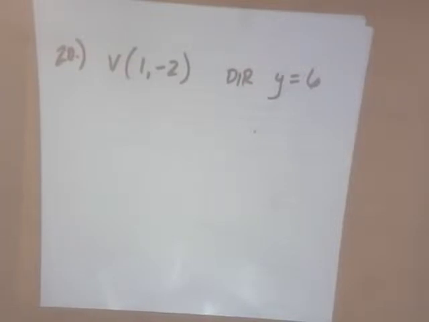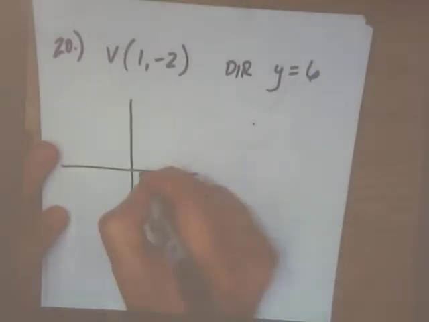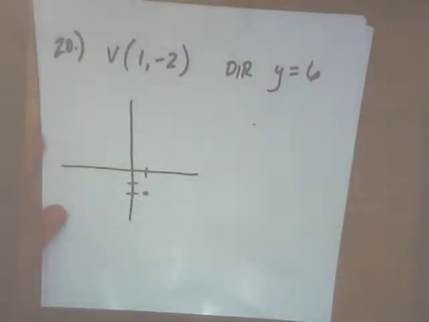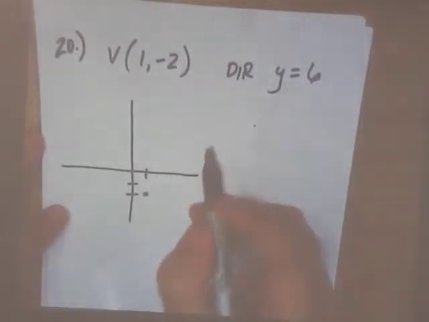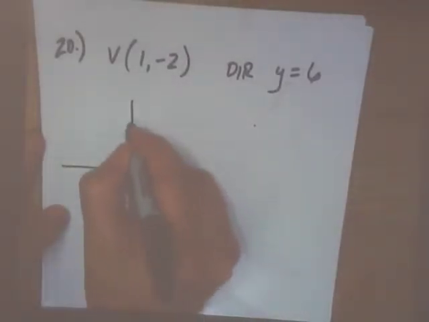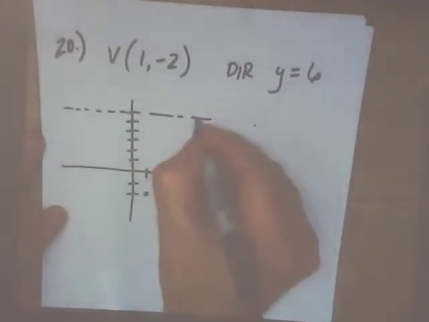So we can figure out which way it opens, and then maybe we can figure this thing out here. 1, negative 2 is my vertex, and the directrix is y equals 6. Is that a vertical or horizontal line? Horizontal, right? So that's my directrix.